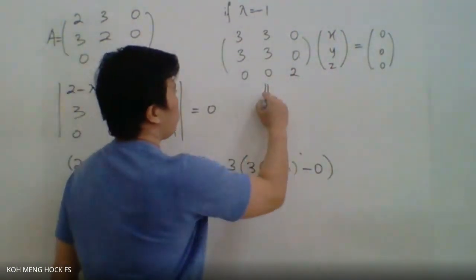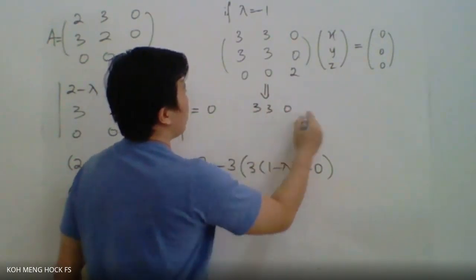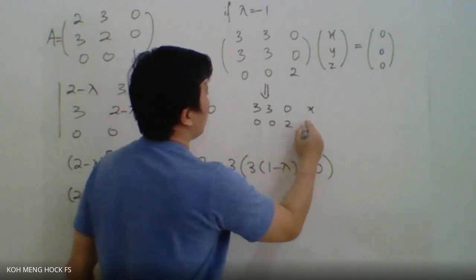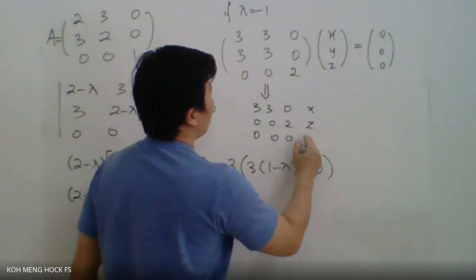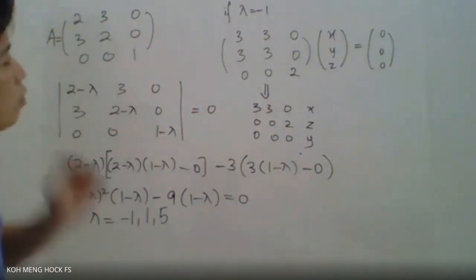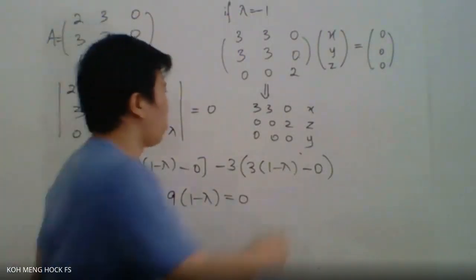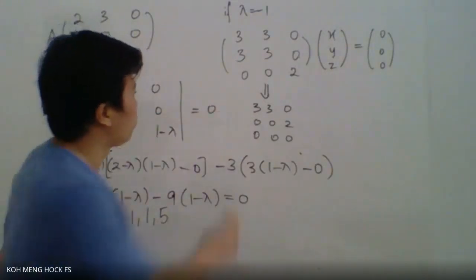So at the end, if you do a row reduction, this is going to be 3, 3, 0, x, and 0, 0, 2, z, and 0, 0, 0, y. Actually you don't have to write the x, y, z. So this is rank 2.